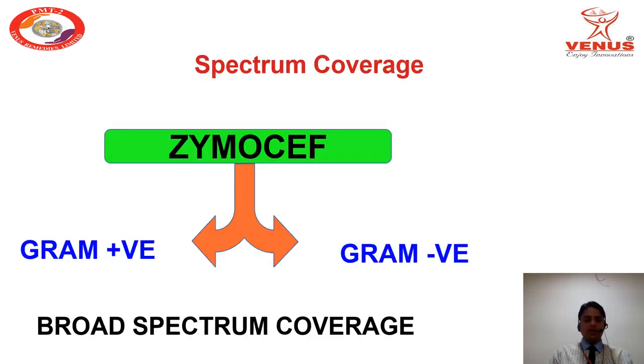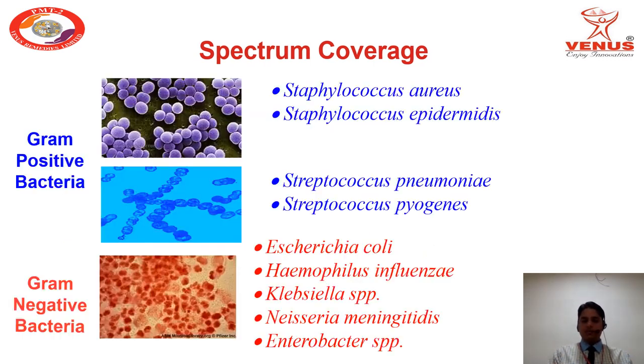Now come one by one, spectrum of coverage. As you know, cefuroxime in ZYMOCEF offers broad spectrum coverage. It works against gram-positive as well as gram-negative bacteria. The gram-positive bacteria include Staphylococcus aureus, Staphylococcus epidermidis, Streptococcus pneumoniae and Streptococcus pyogenes.